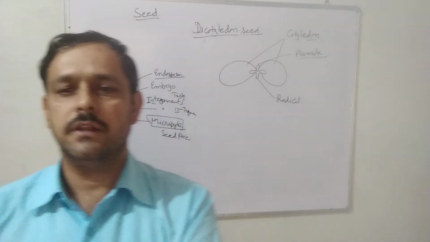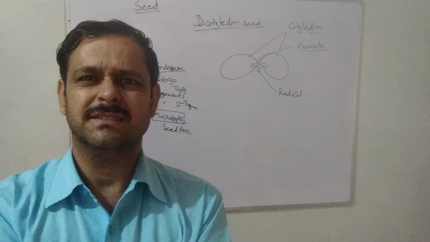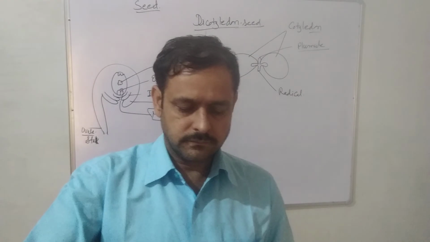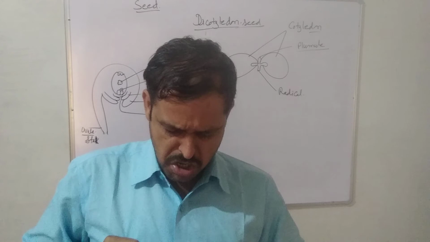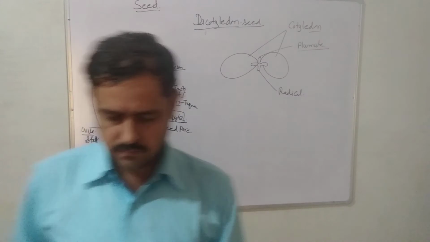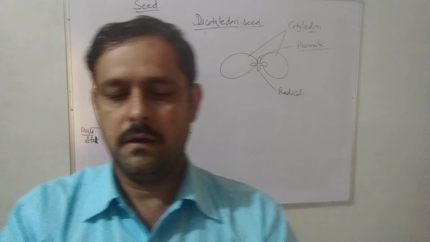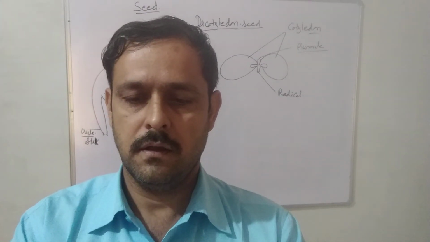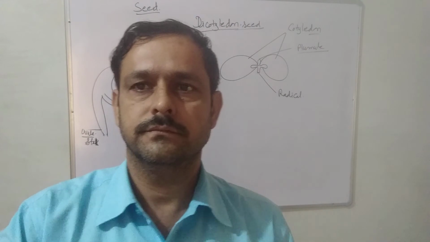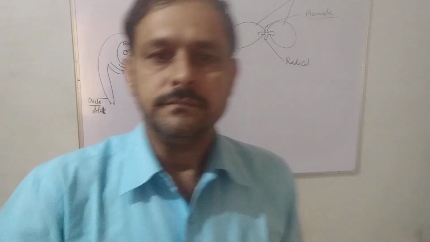Within the seed coat is the embryo, consisting of an embryonal axis and two cotyledons, with the radicle and plumule found on the axis.